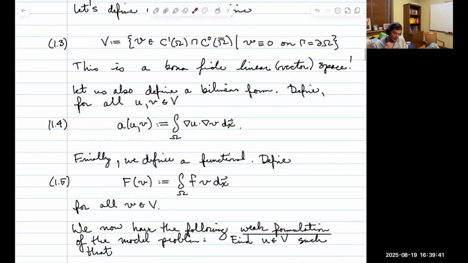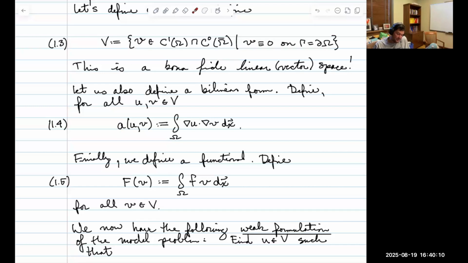Okay, so now let's define a couple more objects. The first one is going to be a type of bilinear form. Let's be very careful and make sure everything makes sense. So the bilinear form that I'm going to define is this thing I'm going to call A, the A form.